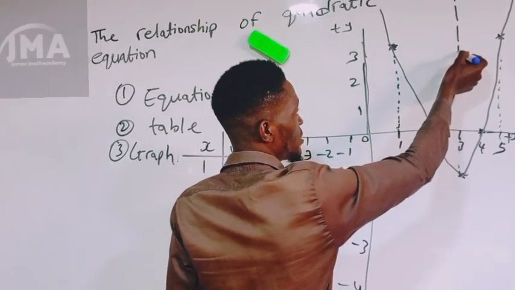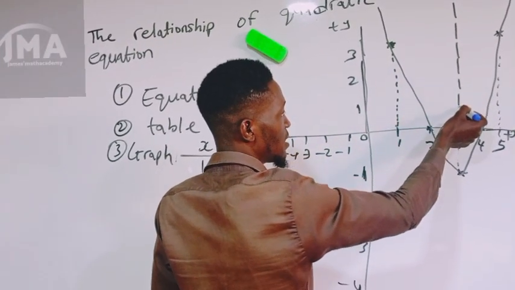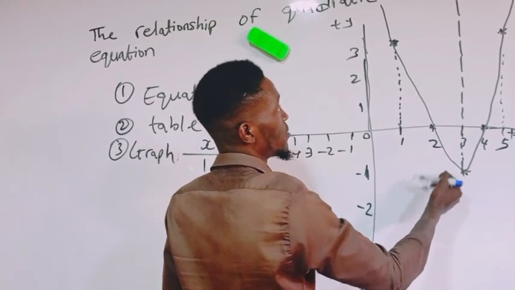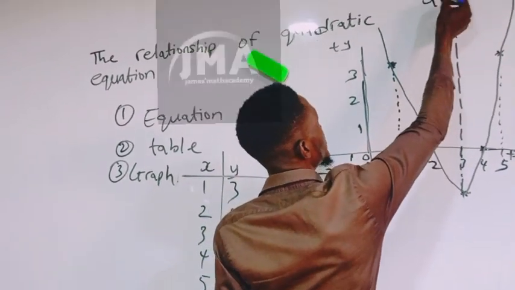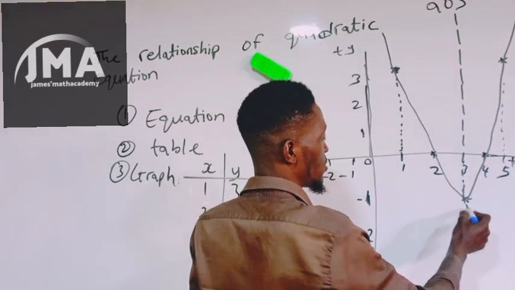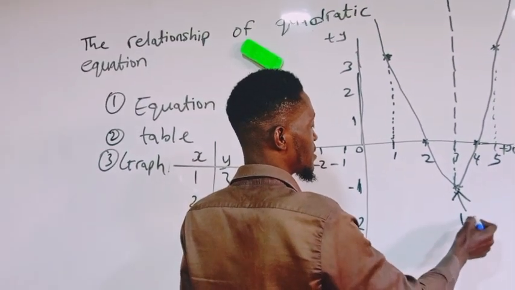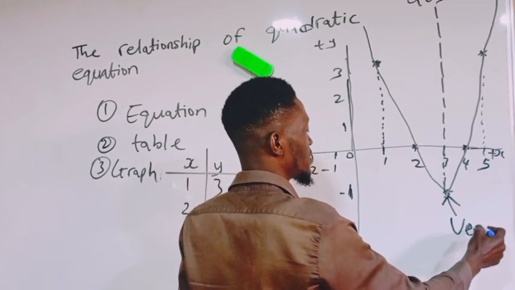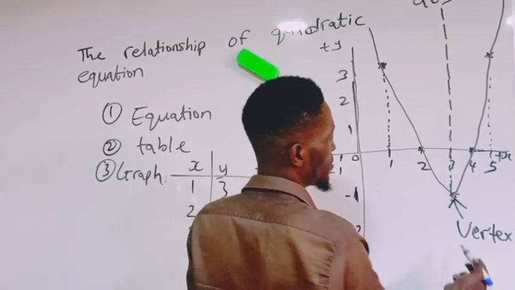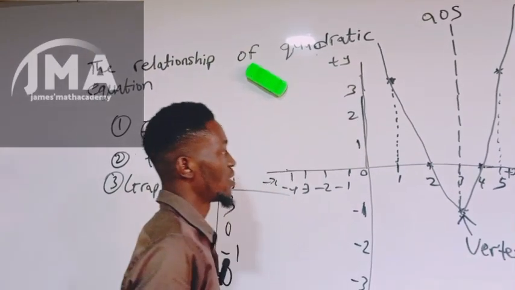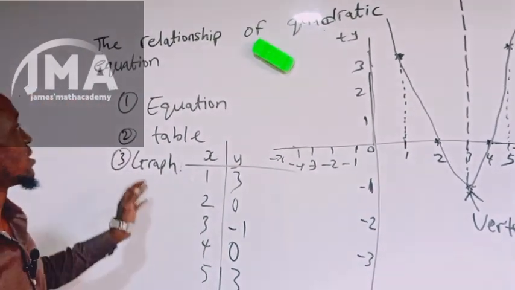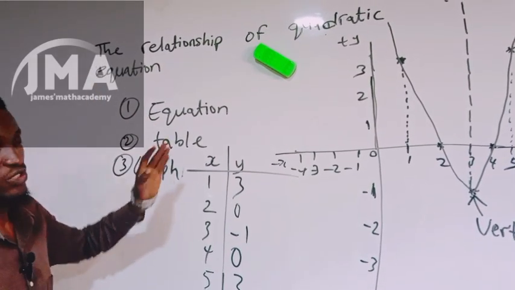The axis of symmetry is the line that divides the U shape into two. And this is what we call the vertex. The tip of this U shape is what we call the vertex. So these are the basic things you need to understand when we're talking about the quadratic relationship.